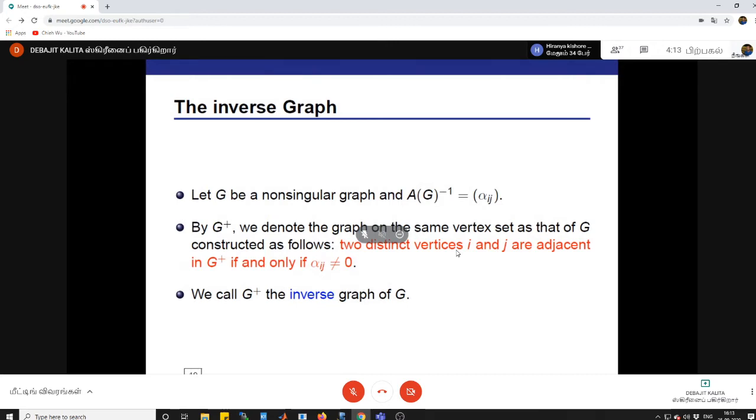By G plus we mean the graph whose vertex set is the same as that of G, and two vertices i and j are adjacent in G plus if and only if alpha ij is non-zero. We call that graph the inverse of G, and we will proceed with this definition of inverse.